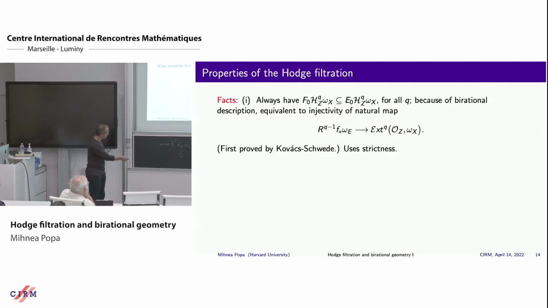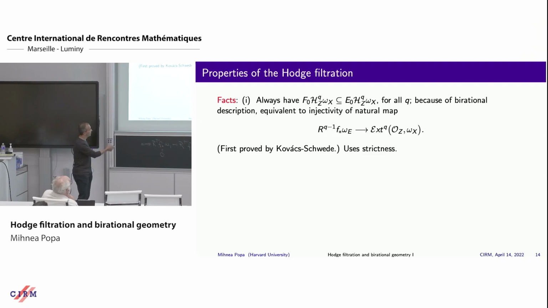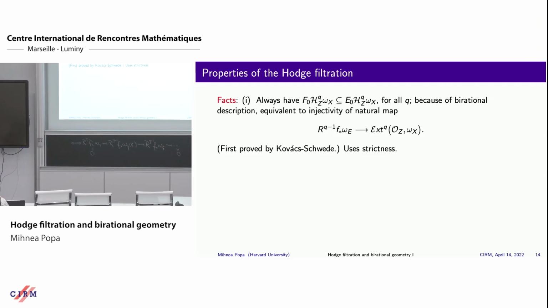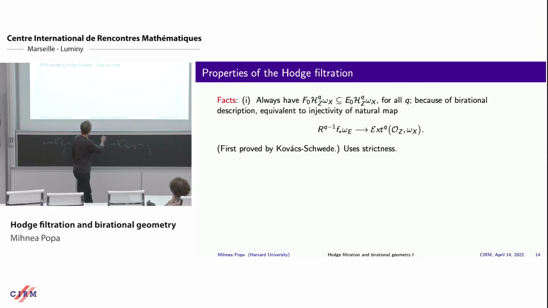This is the guy in the Hodge filtration. This is equivalent to the injectivity of a map that can be defined naturally between the direct images of the dualizing sheaf of this exceptional divisor upstairs and these Ext's on the right-hand side.